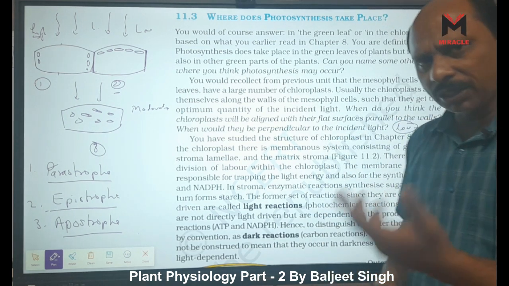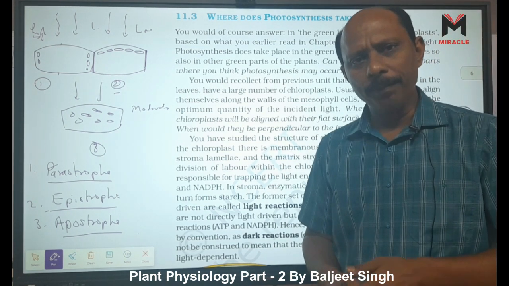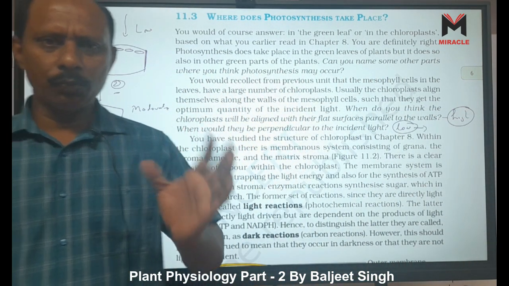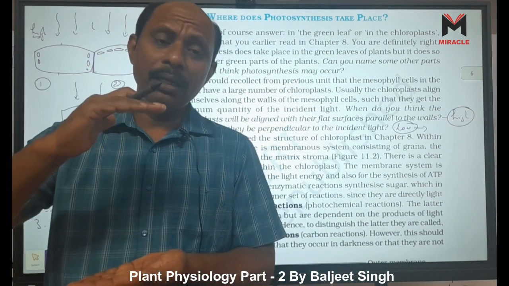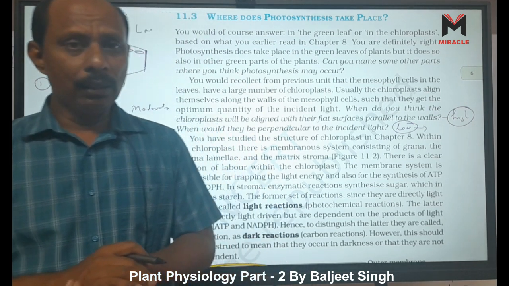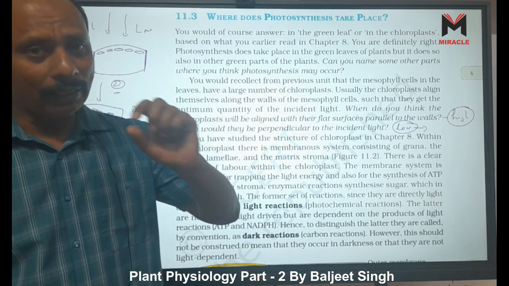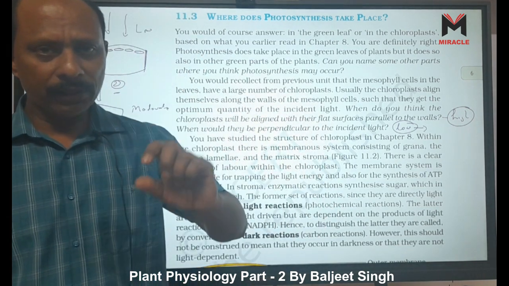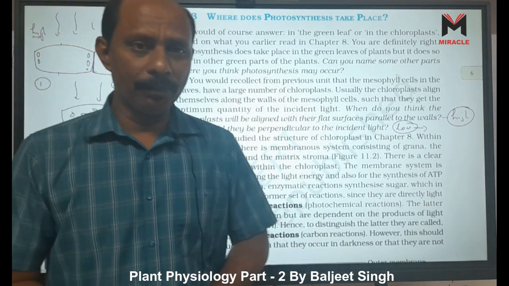Another is the membranous structure called grana. In grana there are two: thylakoids stacked as grana, and another one present in the stroma, which we can say is stroma lamellae, right?